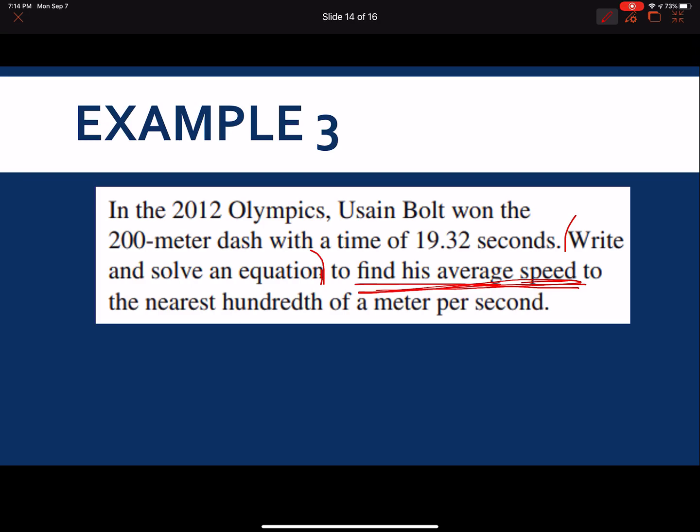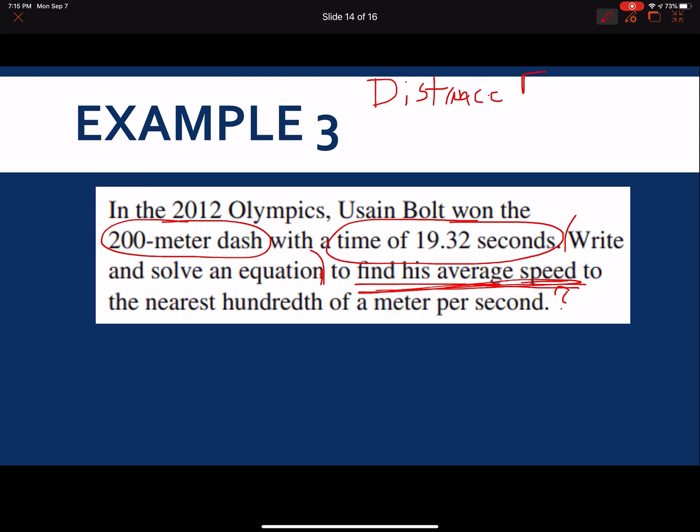We know that it was a 200-meter dash, so we know the distance. We know he had a time of 19 and 32 hundredths seconds. What we don't know is his speed. So there's our unknown.